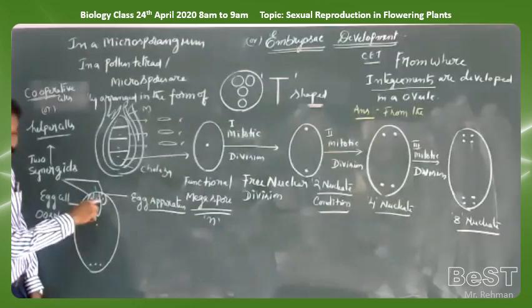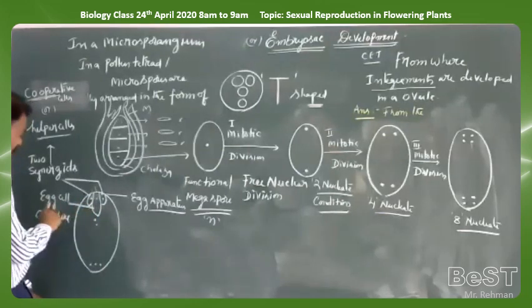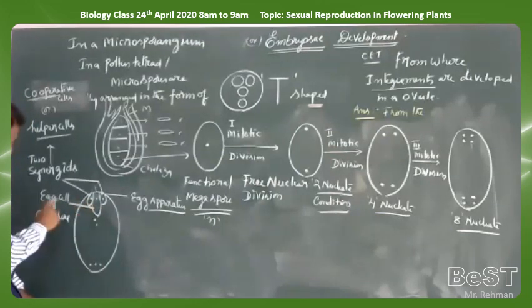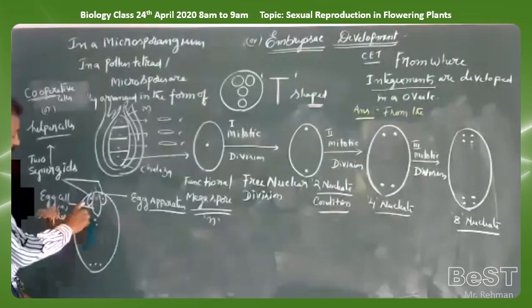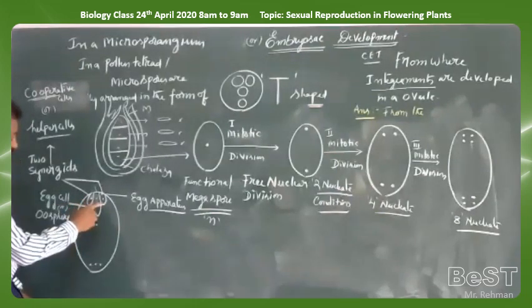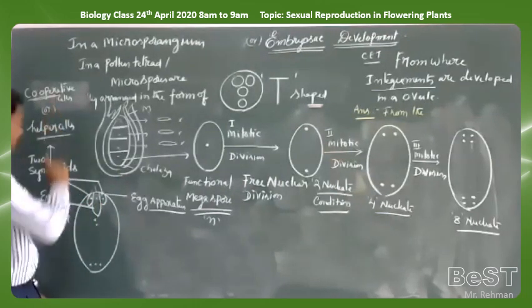Before that there were nuclei. The central one is large and is called the egg cell or oosphere. By its sides are 2 small cells, the synergids, helper cells or cooperative cells.